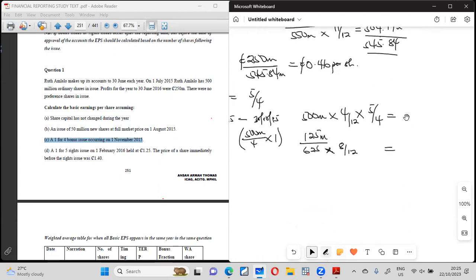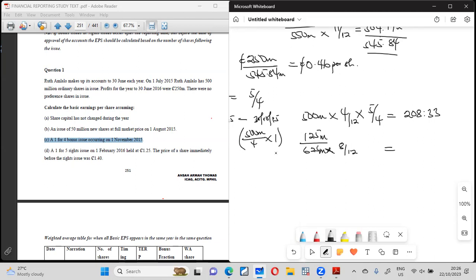So the first part is 4/12 times 500 times 5/4, which gives 208.33 million. I want it in million, because everything you have here is in million.